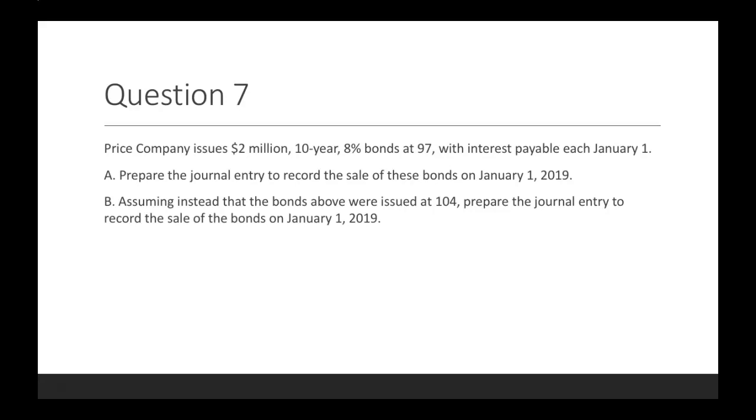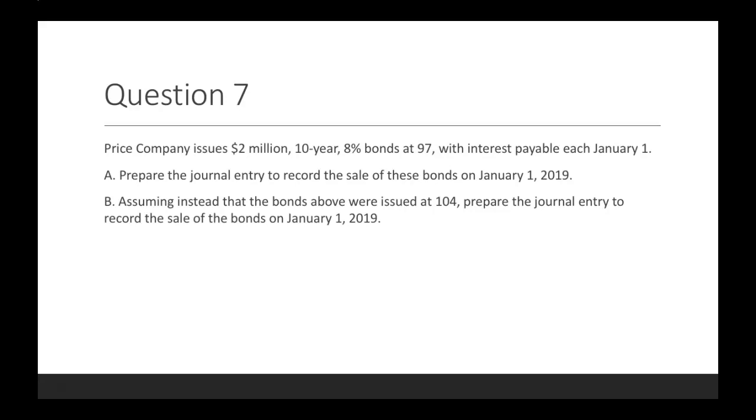That's going to be when you have to pay back these bonds. So you're going to have to pay it back in 10 years. 8%, that's your interest rate. Then at 97, that means that when we issued these bonds, we only got 97% of face value.